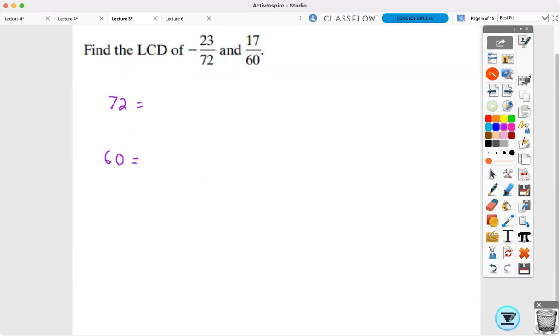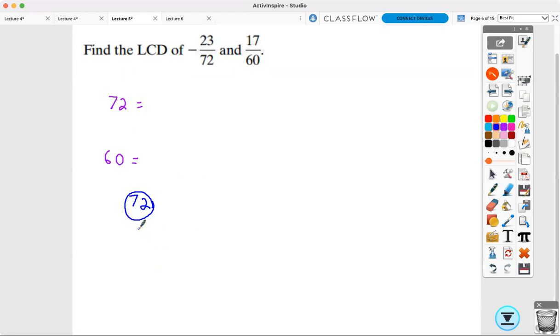Now, before we do that, I'm going to show you how to do a factor tree. A factor tree is kind of like the safest way to find the prime factorization of any number. So the first thing, you put a circle here on 72. Make sure you have enough space because we're going to be going down like a web.